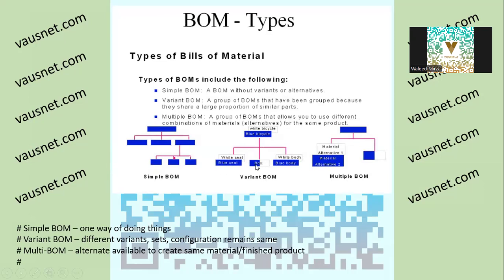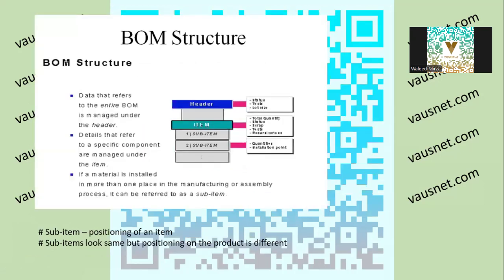So you will have extra components, not extra assembly, but components: a blue seat or a white seat, bolt blue or white, white body or blue body. Okay. Multiple BOM is basically alternative 1 and alternative 2. It's like producing a CD70 or a 125. Okay. That is a multiple BOM.